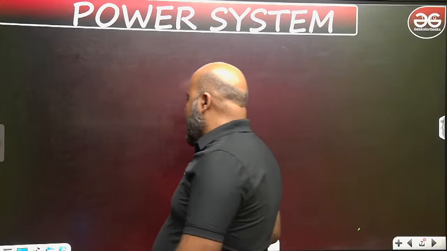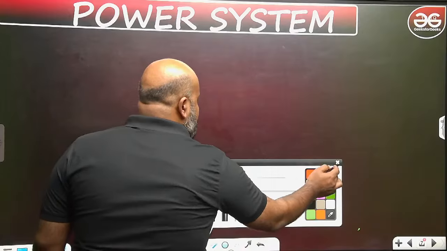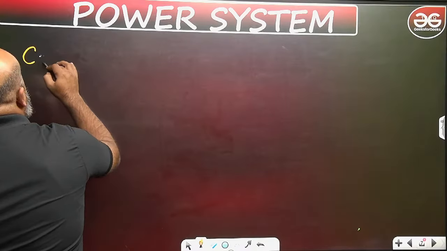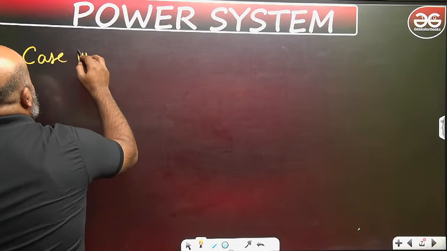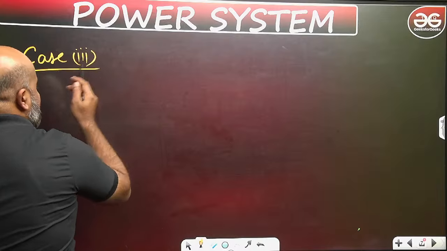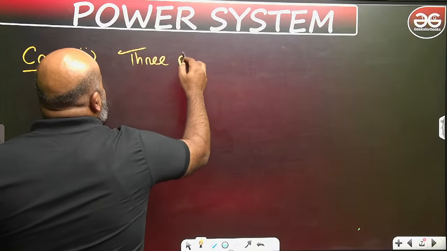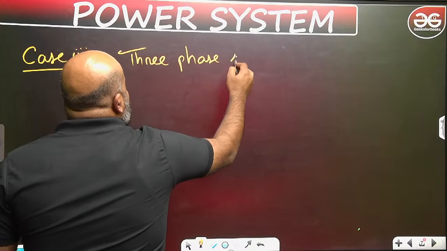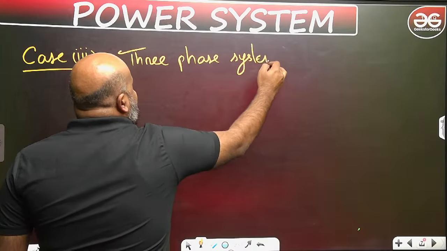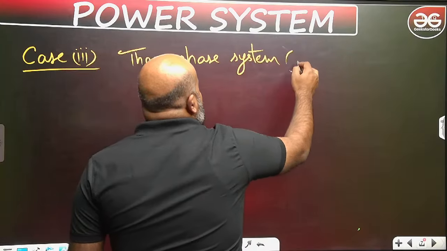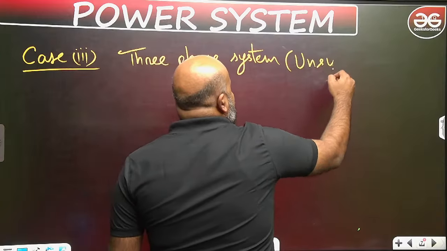Let us take another case. Suppose I am taking the case of a three-phase system, and we are talking about the general case. So let us take the unsymmetrical spacing.